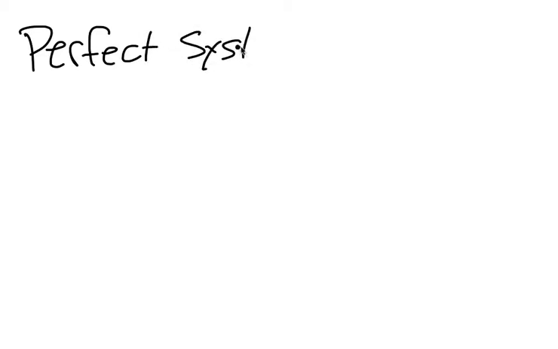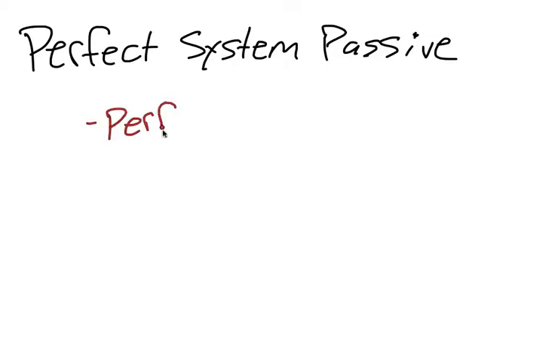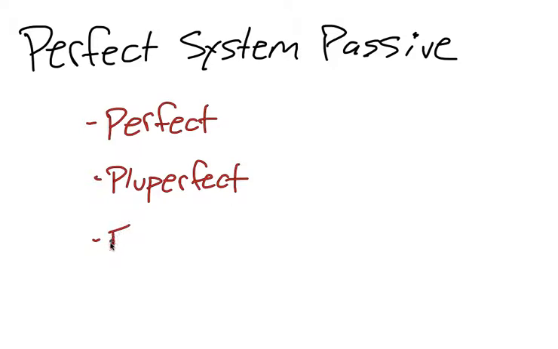And what we're talking about today is the perfect system passive. And remember, the perfect system comprises the tenses perfect, pluperfect, and future perfect.